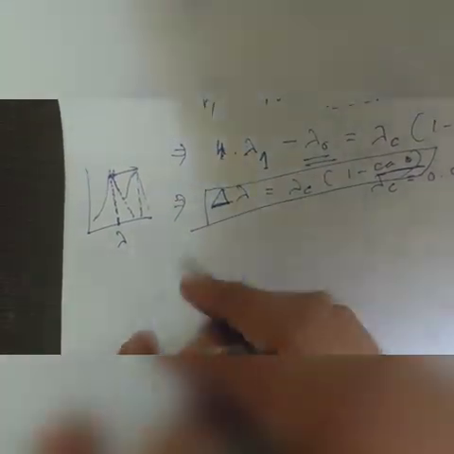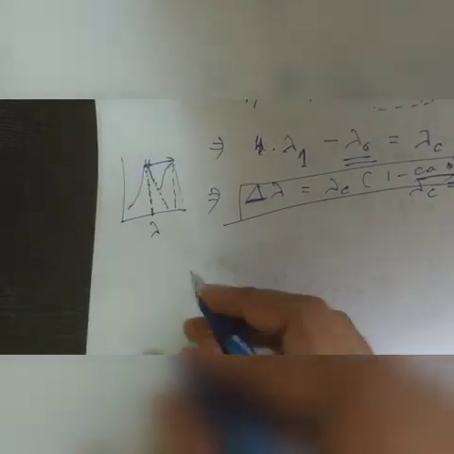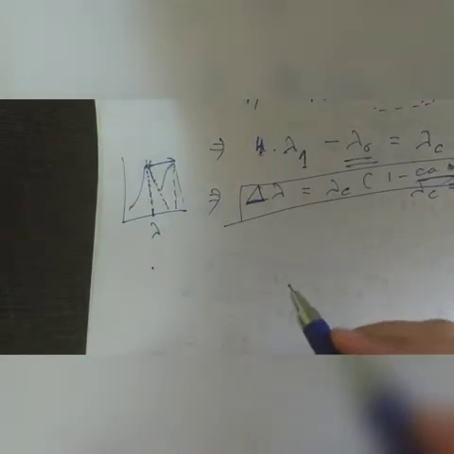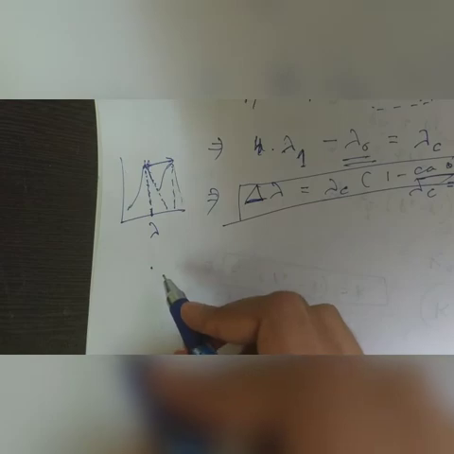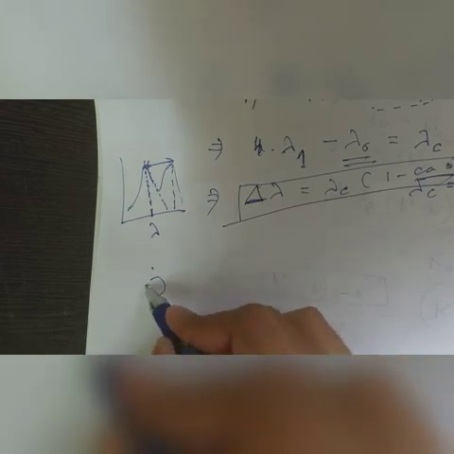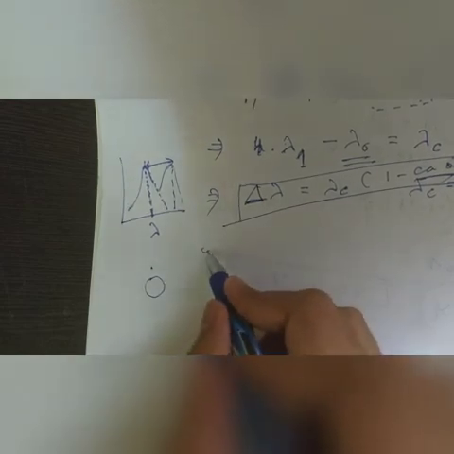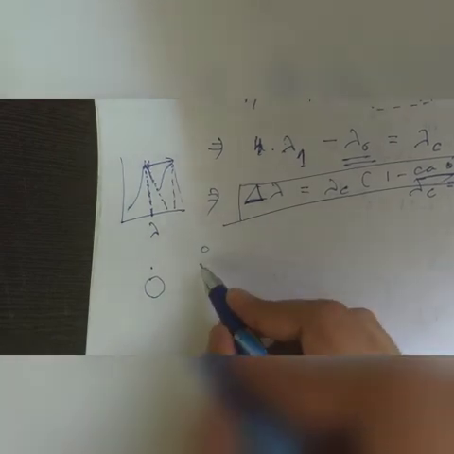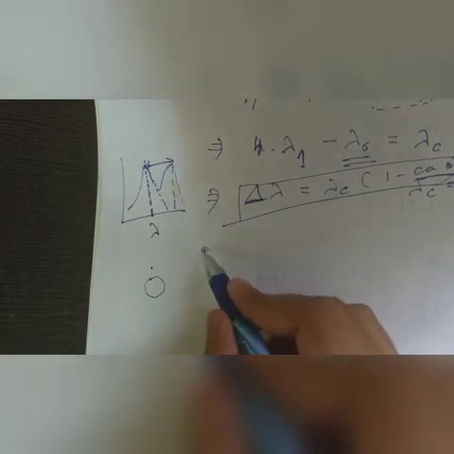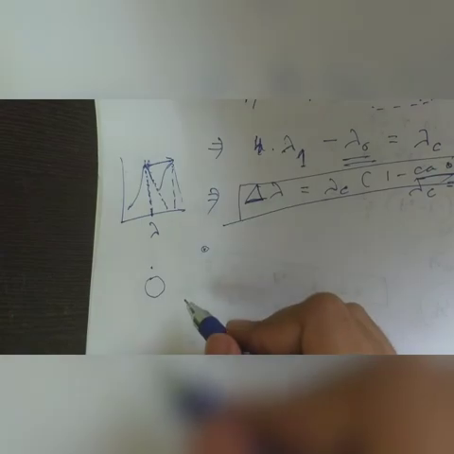In this whole derivation, we had assumed that electrons are free, but in reality not all electrons are free. Some of the incident photons have less energy, so they are not able to take out the electrons from the bound state.